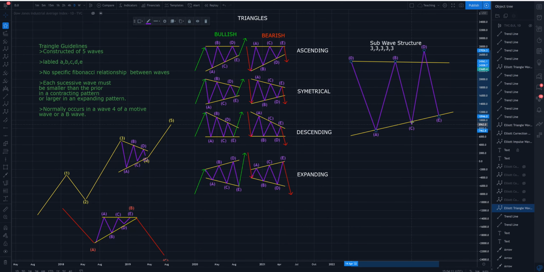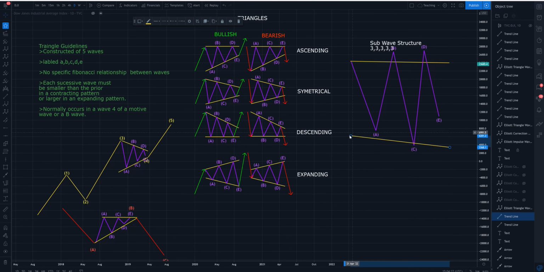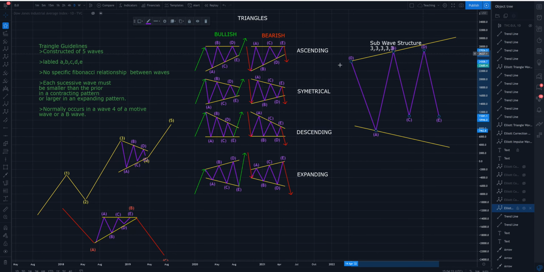The only exception is if you're in an expanding triangle here, which is the B is larger, but then each successive wave has to be larger. So the same again, the B can be larger than the A, but then if the C fails to expand to create this expansive structure that we'd expect to see in an expanding triangle, like this, if the C would have failed to make that before moving back up, that's not an expanding triangle.